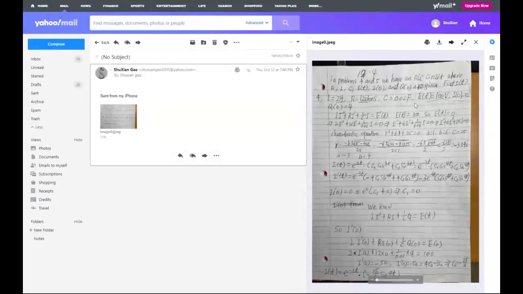So the current equation for complex roots is e to the real part times t, multiplied by C1 times cosine of the imaginary part times t plus C2 sine of the imaginary part times t.